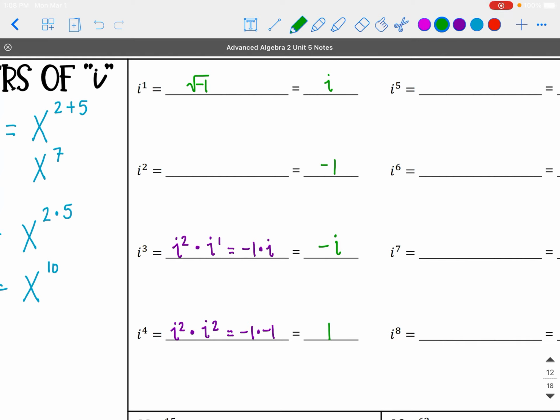If you have i to any power, it will simplify to one of these four things. It'll either be i, negative 1, negative i, or positive 1. So you always have a 25% chance of getting it right. If your exponent is an odd number, it'll always be either i or negative i. If it's an even number exponent, it'll either be 1 or negative 1.